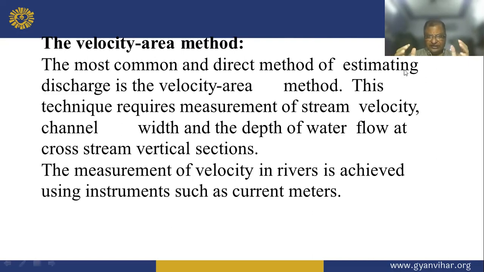The most common and direct method of estimating discharge is the velocity area method. This technique requires measurement of stream velocity, channel width, and depth of water across a vertical cross section. The measurement of velocity in a river is achieved using an instrument such as the current meter.